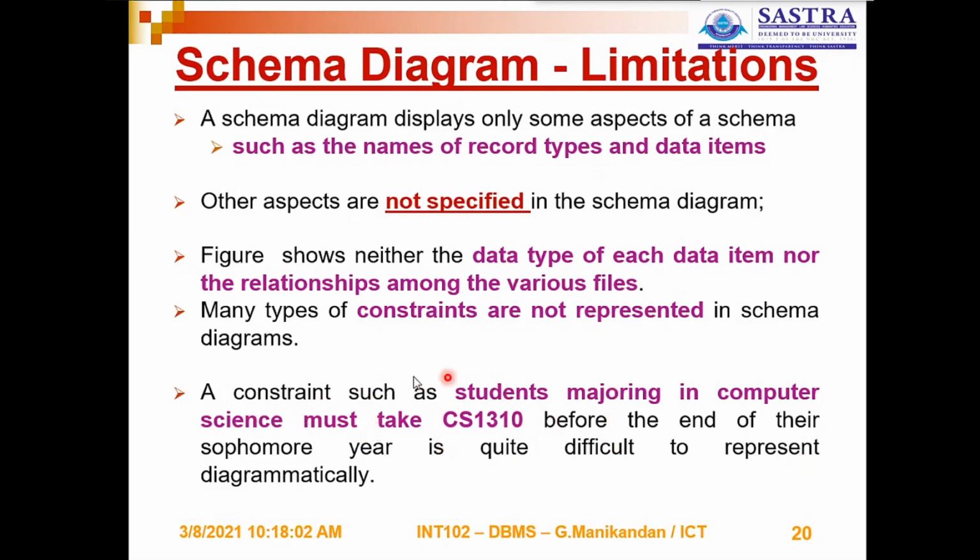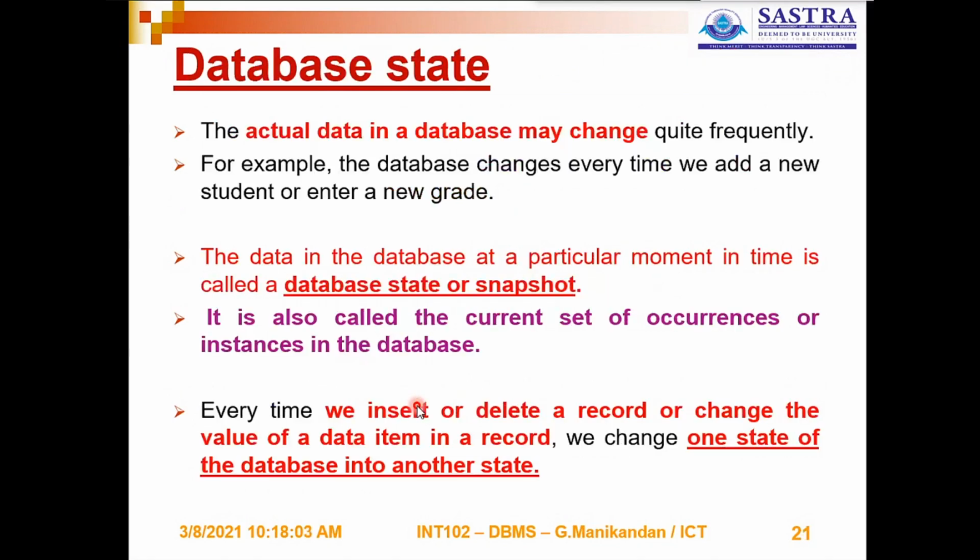It is not possible to represent these types of constraints as part of your schema diagram. That is the major limitation in your schema diagram. Clear? So your database schema is used to represent the structure. It represents only the table name and field name. The information about the data type, size, relationship, constraints will not be incorporated as part of your schema diagram.